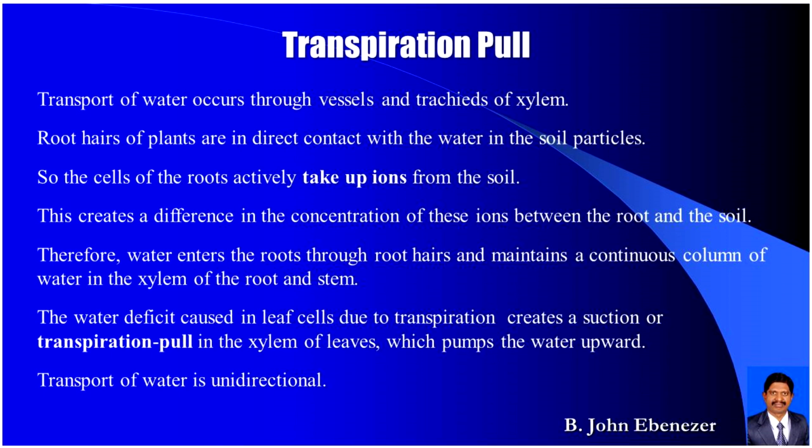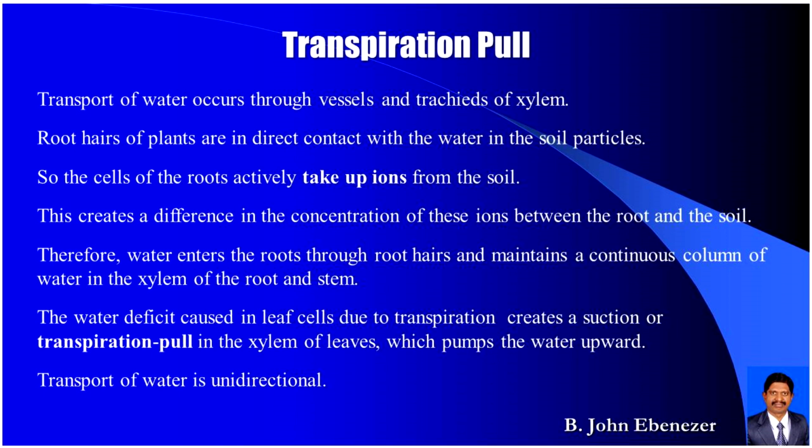So the cells of the roots actively take up ions from the soil. This creates a difference in the concentration of these ions between the root and the soil. Therefore, water enters the roots through root hairs and maintains a continuous column of water in the xylem of the root and stem.